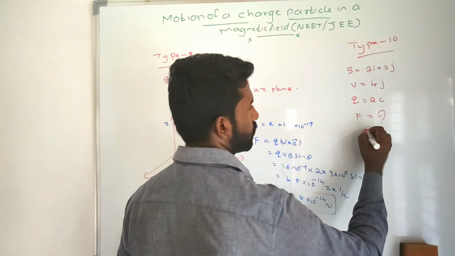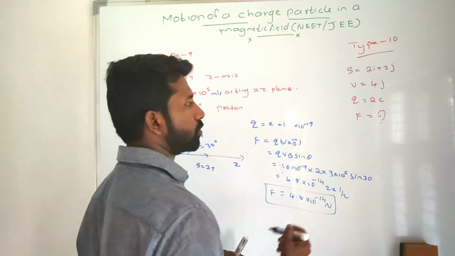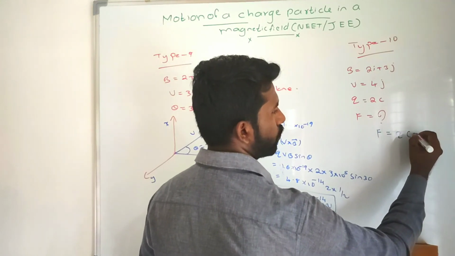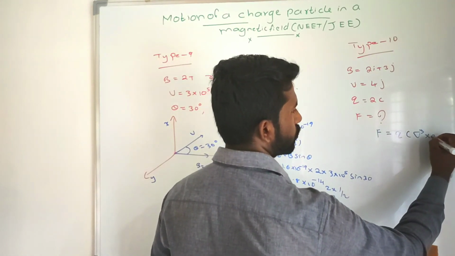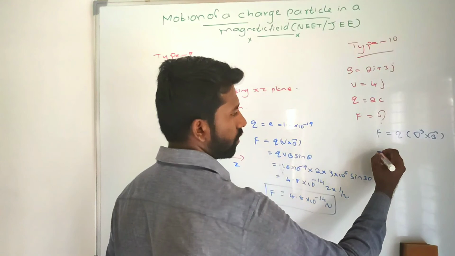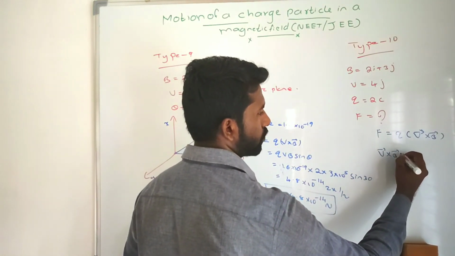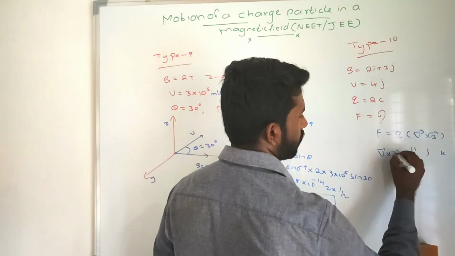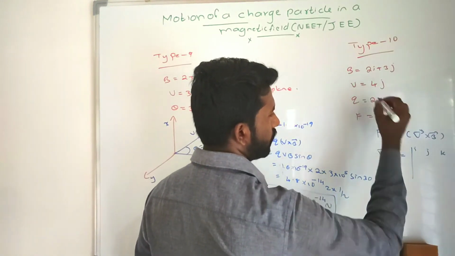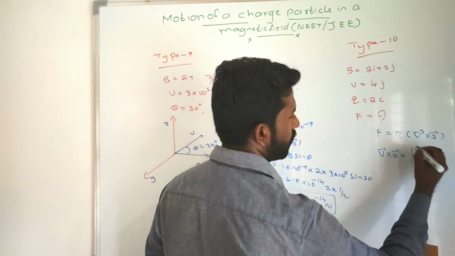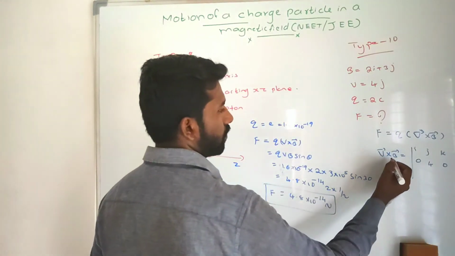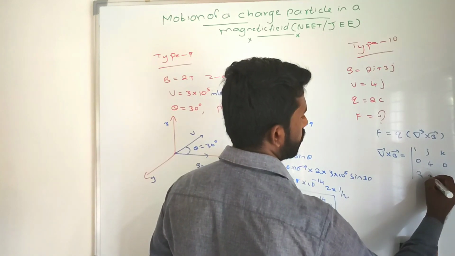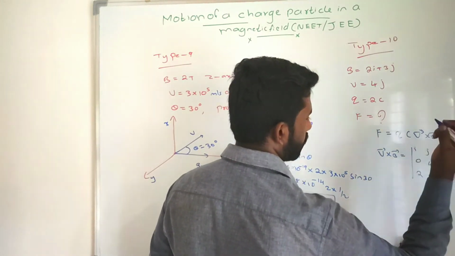If a charged particle moves in a magnetic field, it will experience a force. That force is F equal to Q into V cross B. First, I am going to find V cross B. That is the determinant with I, J, K. The first vector is V; there is no I component, only the J component, 4. The next vector is B; the I component is 2, the J component is 3, and the K component is 0.